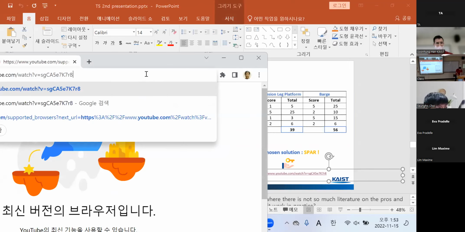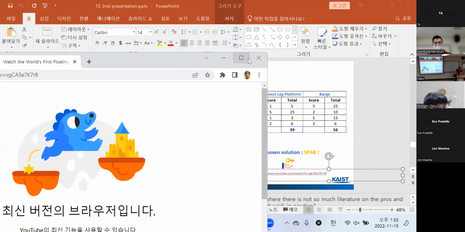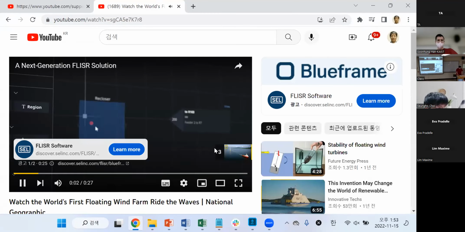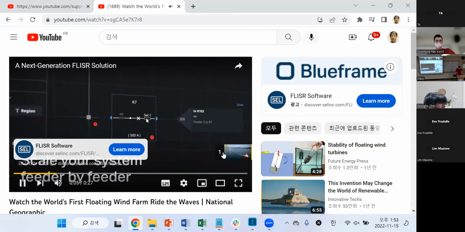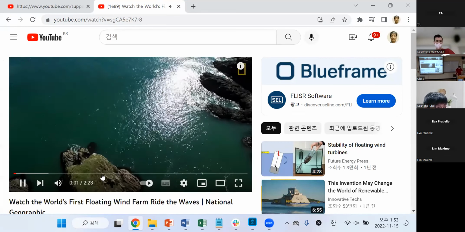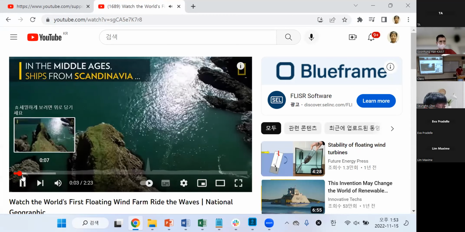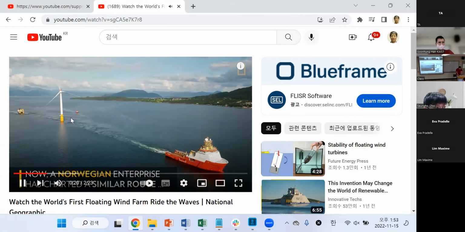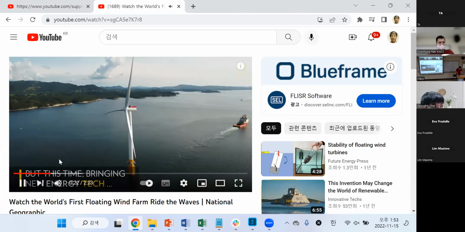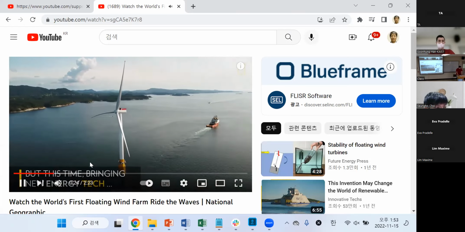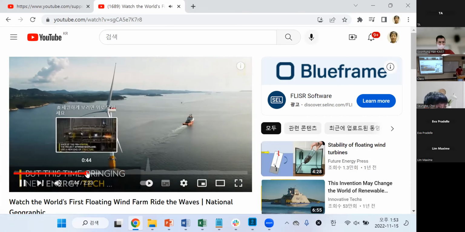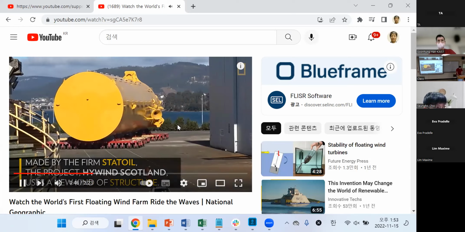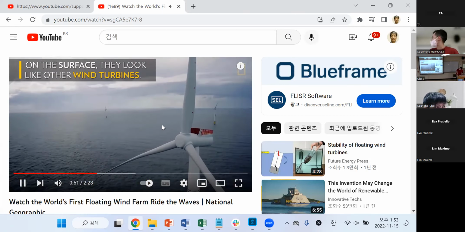Right? Paste. Right. Here you can see that it's very big. You can really see the size.